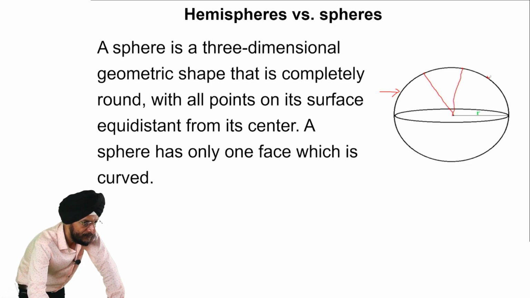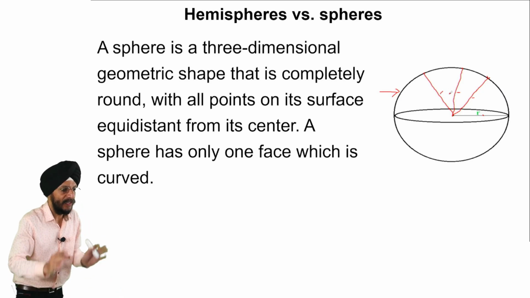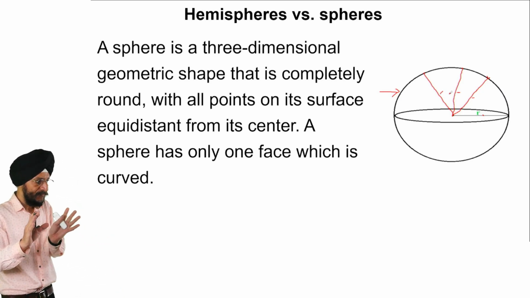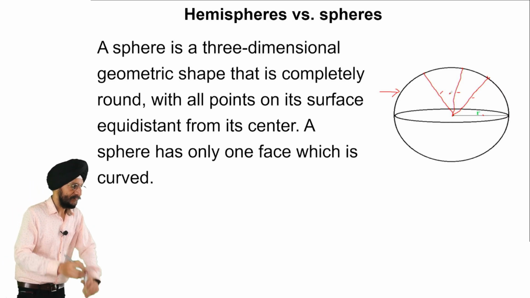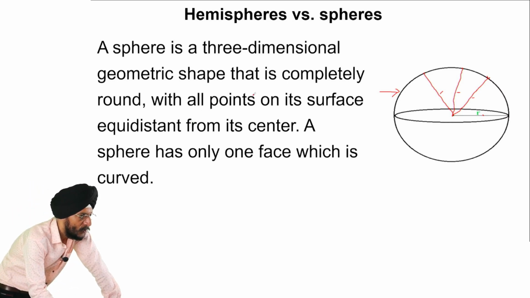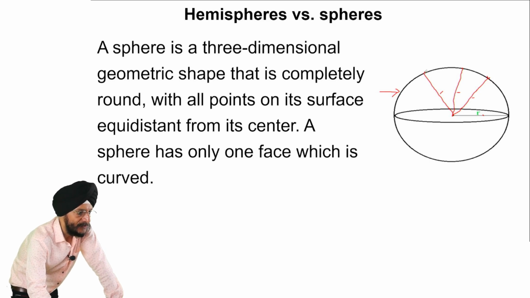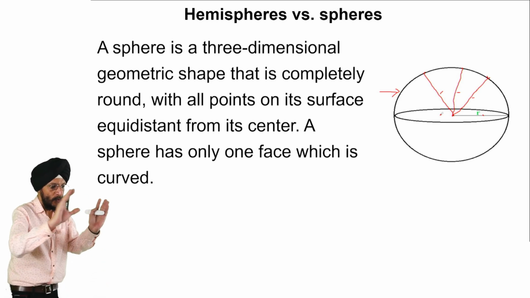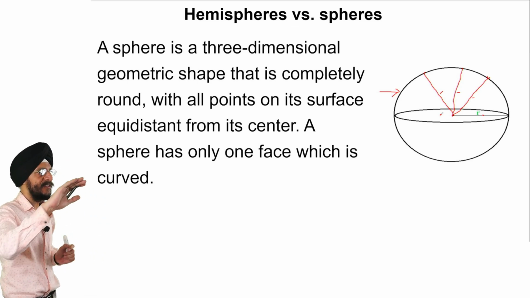That is, the distance from the outer side of the sphere to the central point is the same. That is, the radius of the sphere is the same, with all the points on its surface equidistant from the center. A sphere has only one face, which is curved.